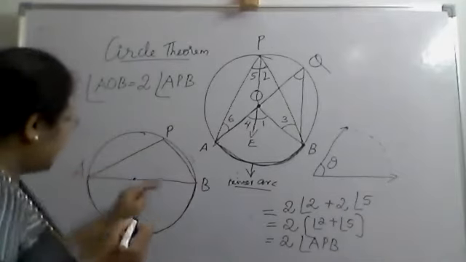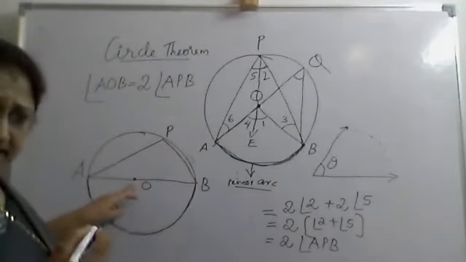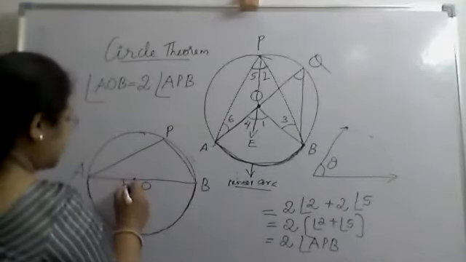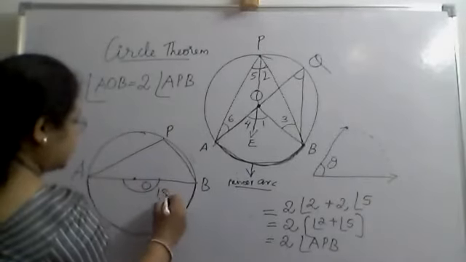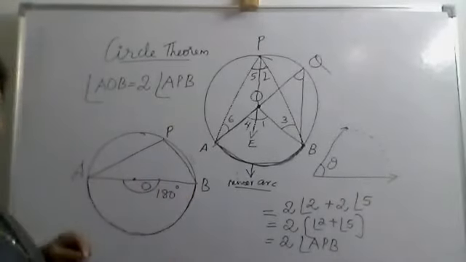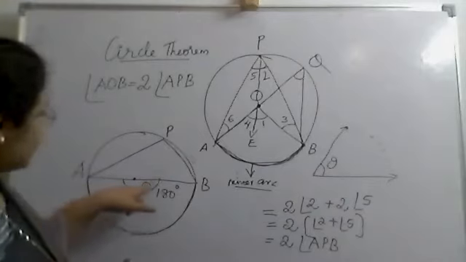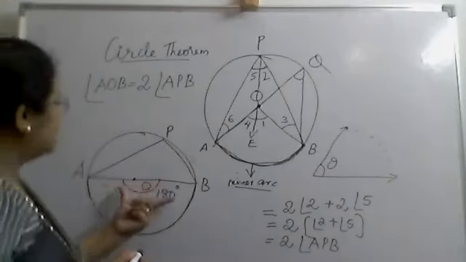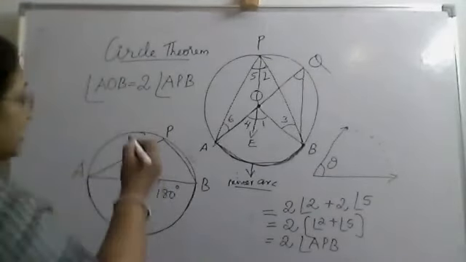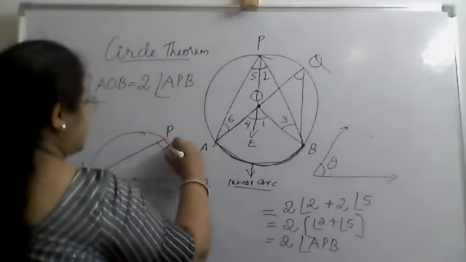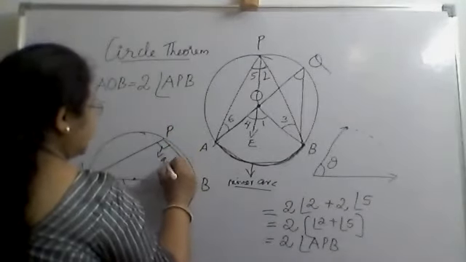Since AOB is a diameter, acting as a straight line, this angle is undoubtedly 180 degrees. If the central angle AOB is 180, then the angle at P is obviously going to be 90 degrees.